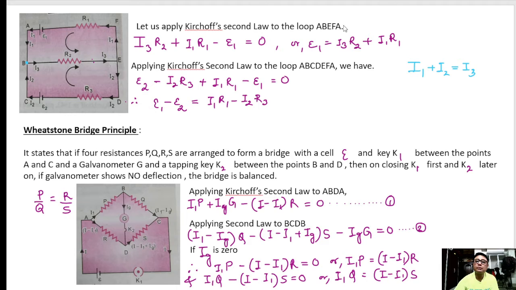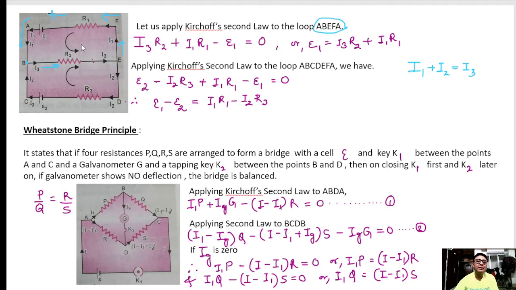First of all, we are choosing the loop A, B, E, F, A. So we are choosing this loop.